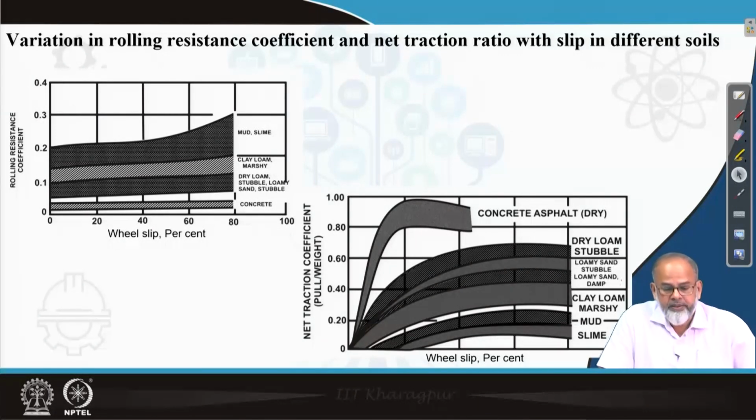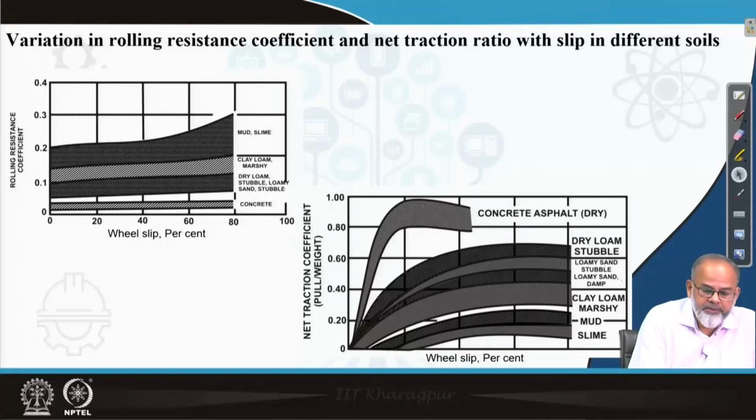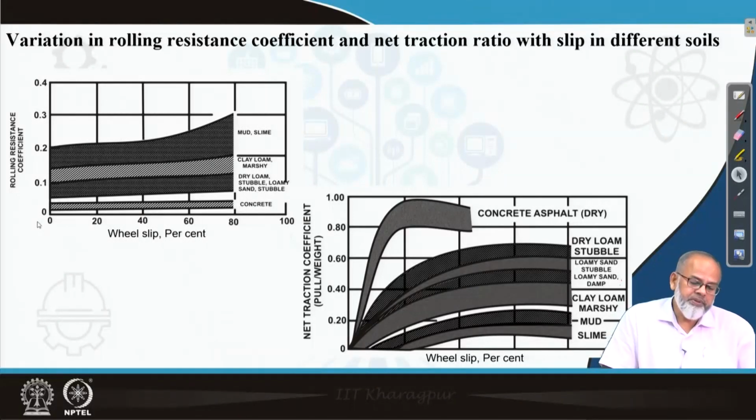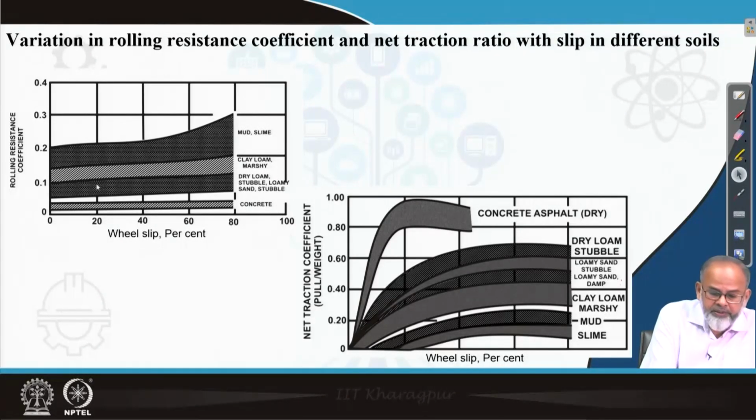Concrete means very hard and mud is the softest soil. So how it varies with these soil conditions I have indicated here. In case of a concrete soil, you can see with increase in wheel slip, the coefficient of rolling resistance is almost constant. It is not varying. In case of a dry loam, it is not exactly constant, but it is varying very slightly.